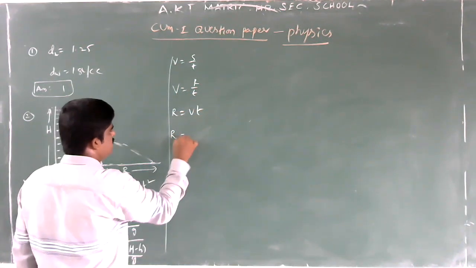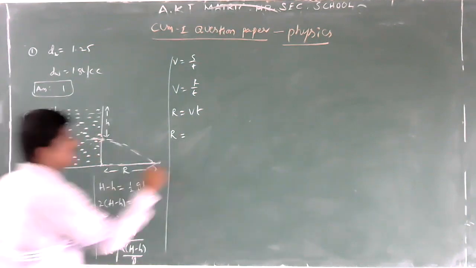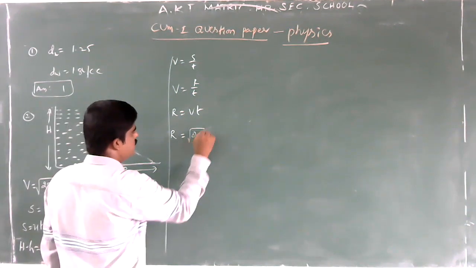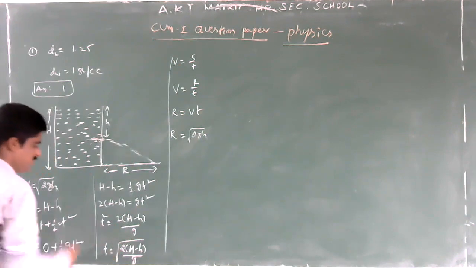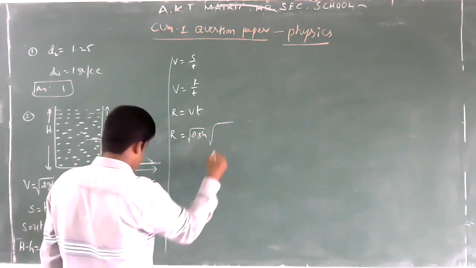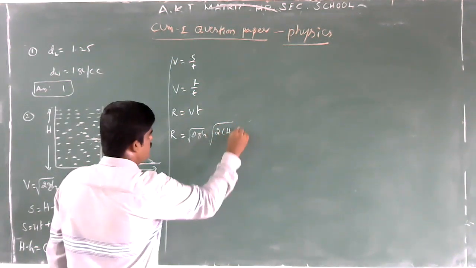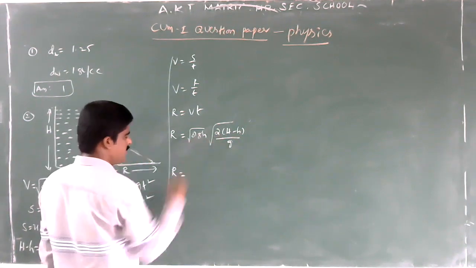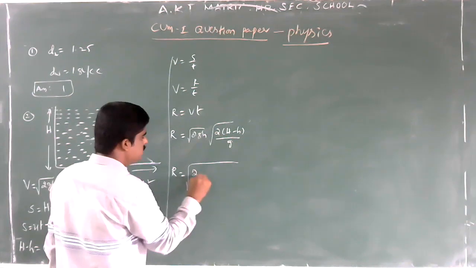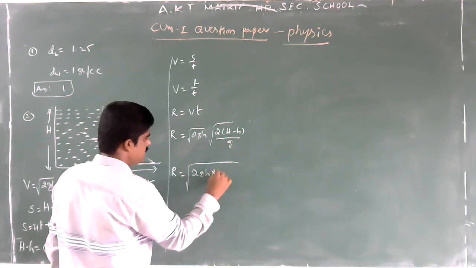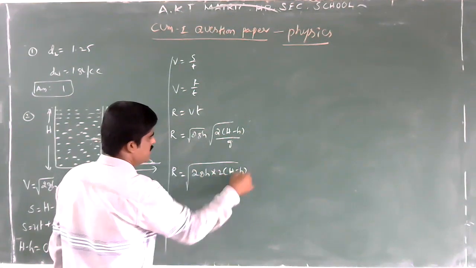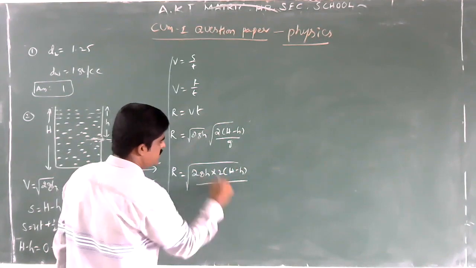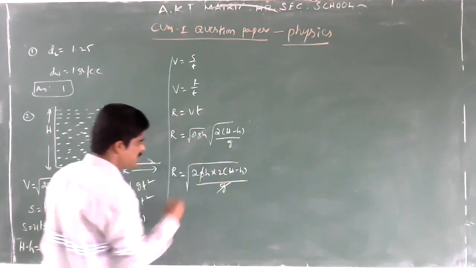Here V is square root of 2gh, and t is square root of 2 into (H minus h) by g. So R is equal to square root of 2gh into 2(H minus h) divided by g, where g gets cancelled.